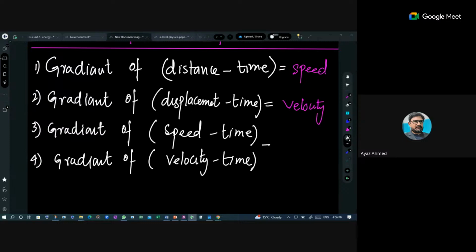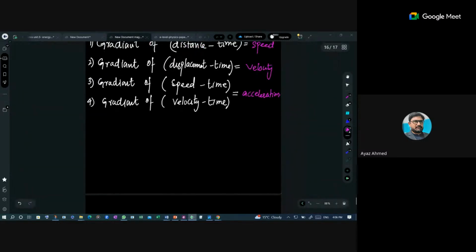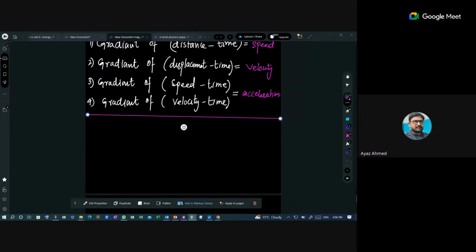Okay, they both give us acceleration. So that's it. We have these 4 points related to gradients, because no gradient of an acceleration time graph is asked of us. So is it clear? Yes, sir.